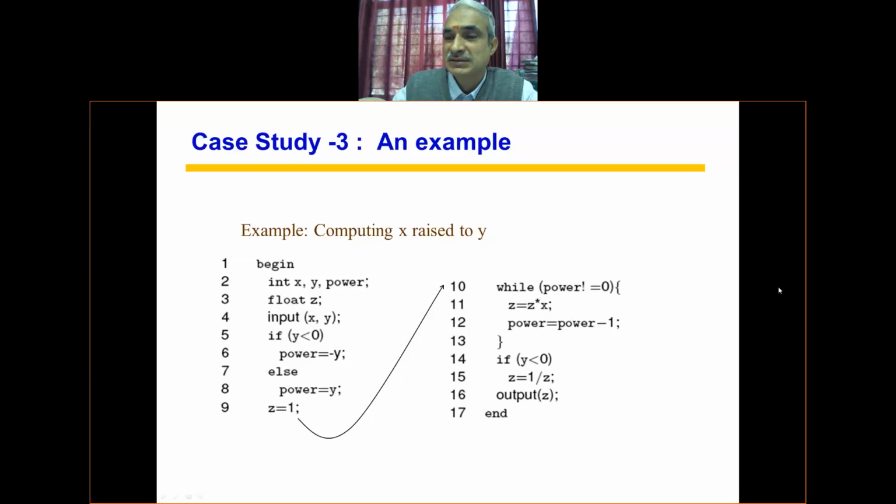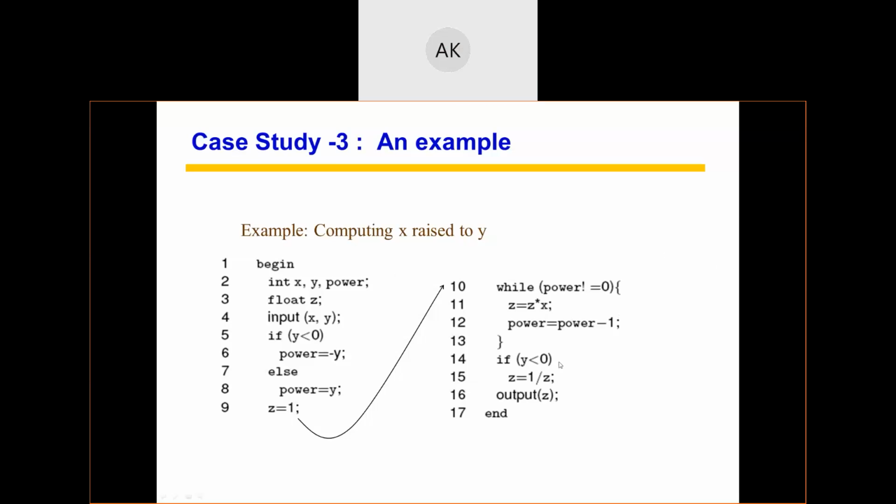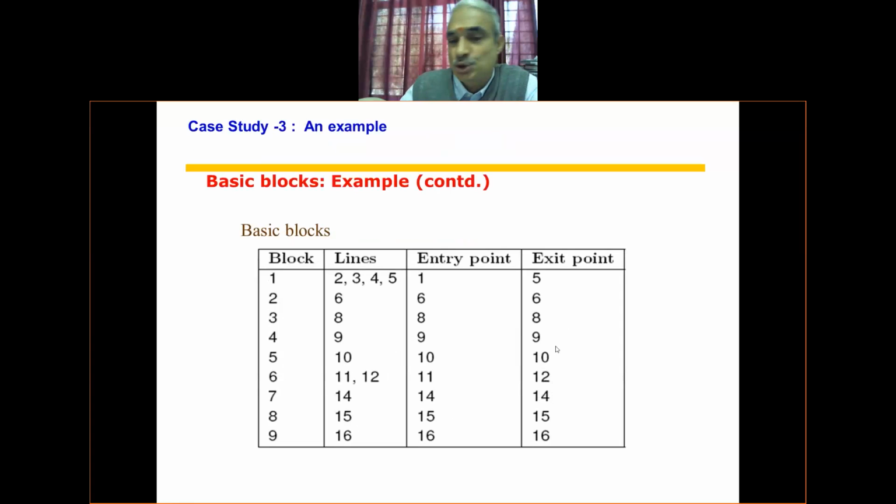Right. Such a program will be given and you will be asked to do this, and here is a solution also. You can try. Basic block 1 includes line numbers 2, 3, 4, 5. Entry point is this, exit point is this. Why? Check it. Note down the screenshot. And you can refer to the internet and try to get many examples.